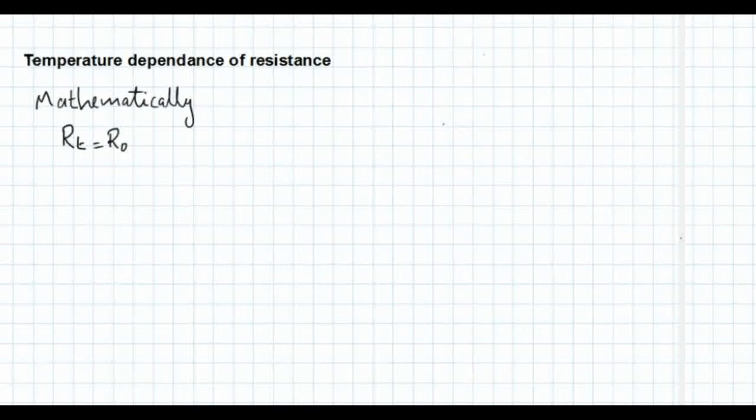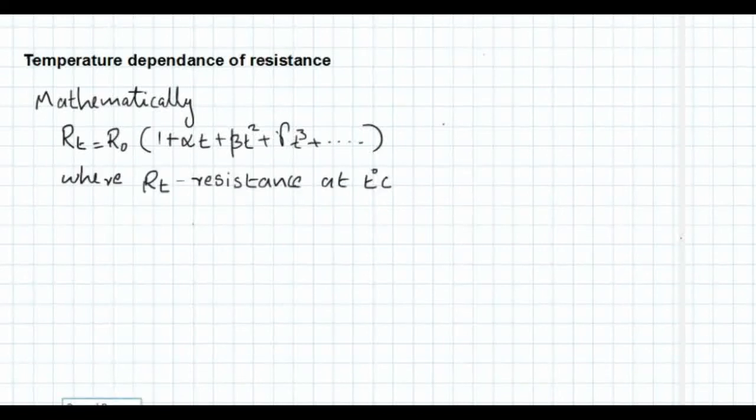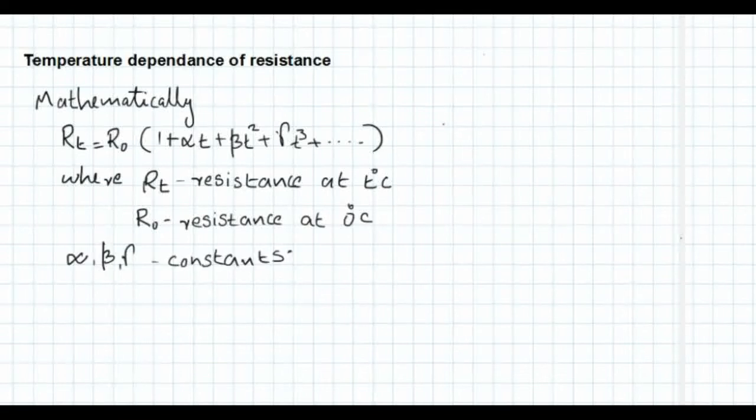So mathematically the dependence of resistance on temperature can be expressed as a series, that is RT is equal to R0 into 1 plus alpha T plus beta T square plus gamma T cube plus etc. Before coming to that, what are RT, R0, alpha, beta and gamma?